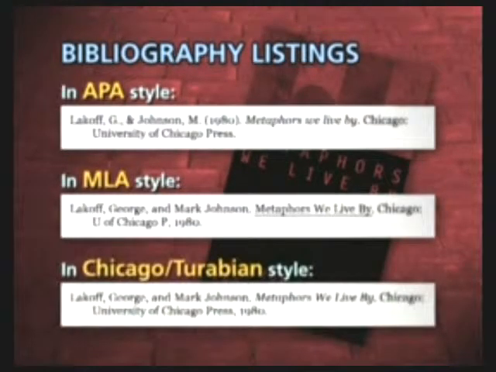And in the Chicago/Turabian style, the exact same book would be referred to in the bibliography this way: Lakoff, George, and Mark Johnson, Metaphors We Live By, Chicago, University of Chicago Press, 1980.